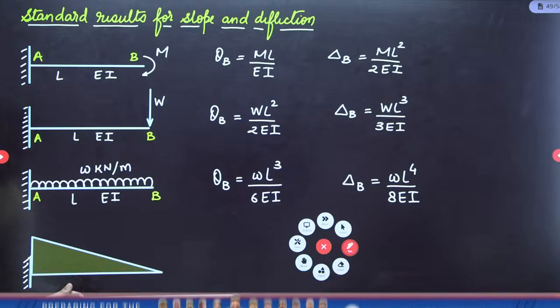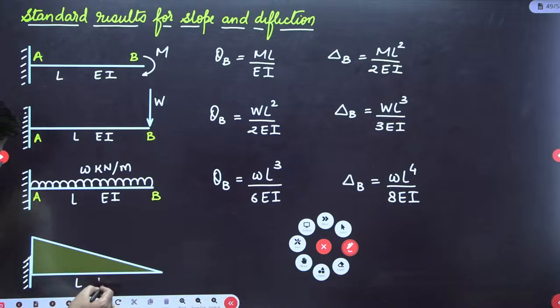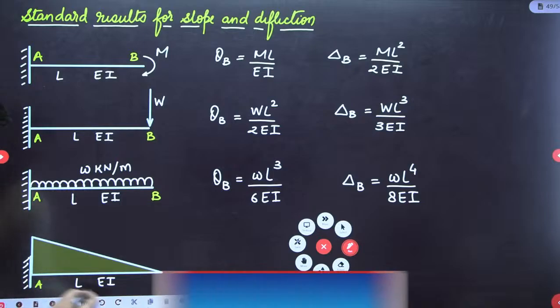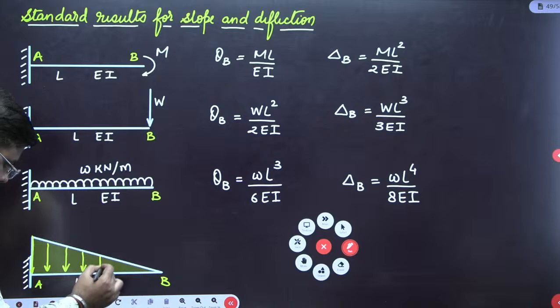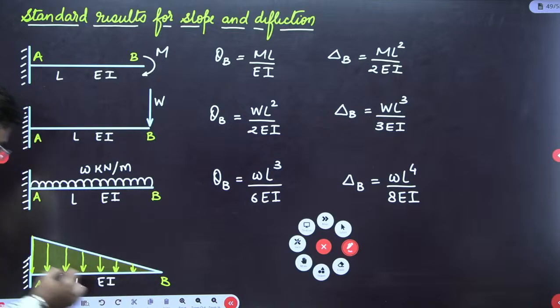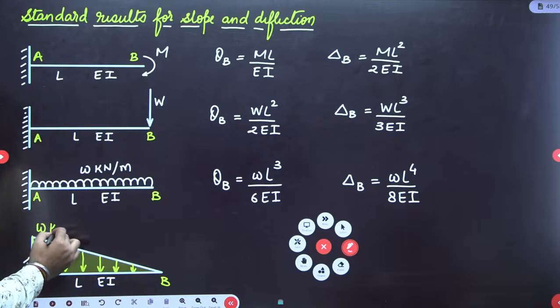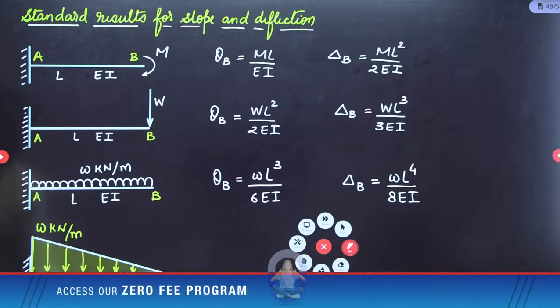So length is L, flexibility is EI, this is point A, point B, intensity here is W kilonewton per meter. Okay.